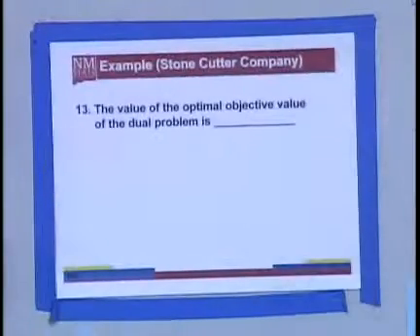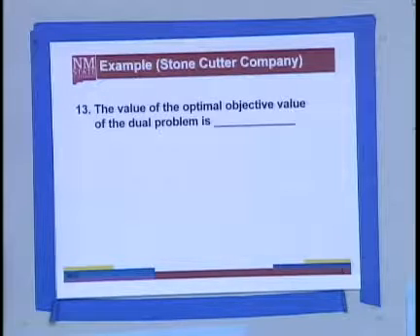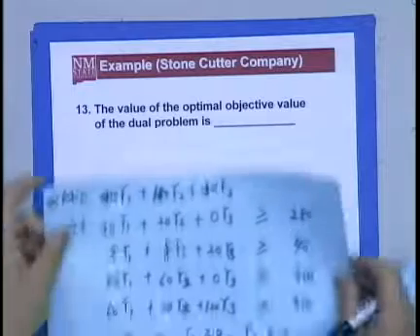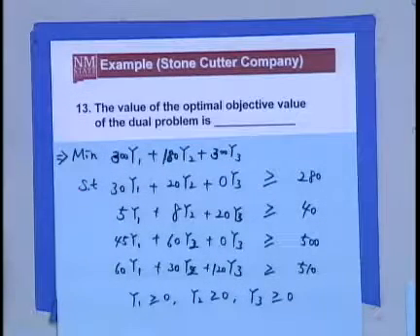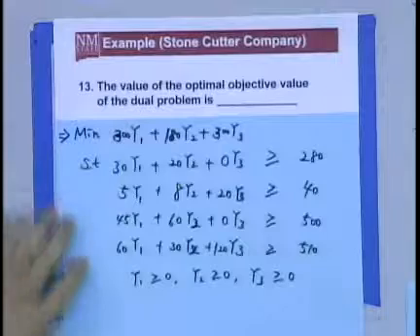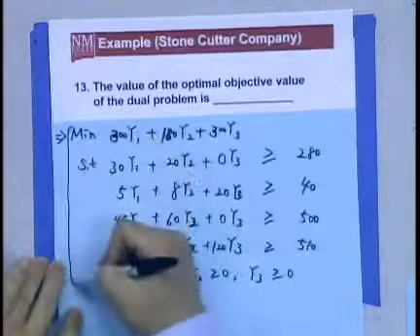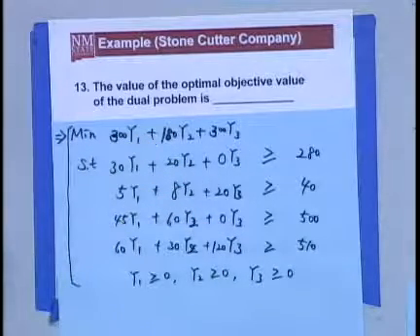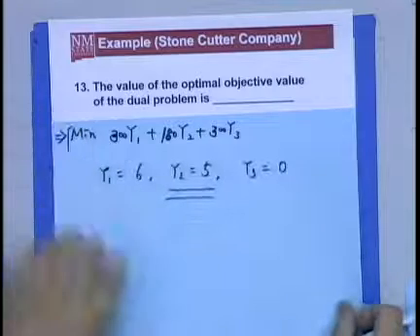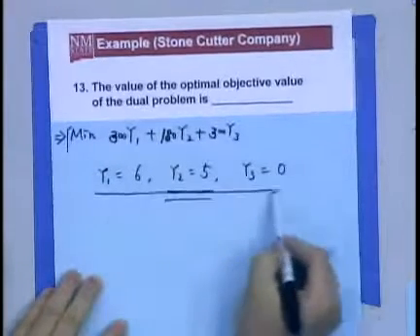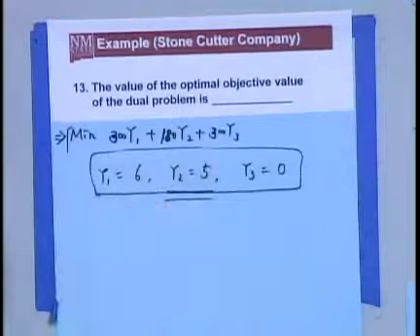Okay, then what about number 13? The value of the optimal objective value of the dual problem is what? We have the dual problem, right? And we need to use these y values from question number 12.